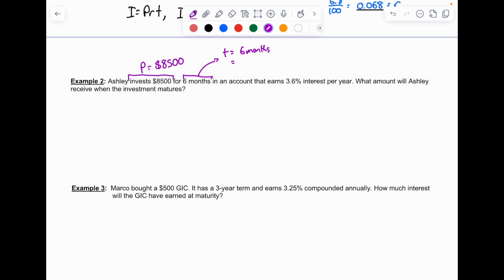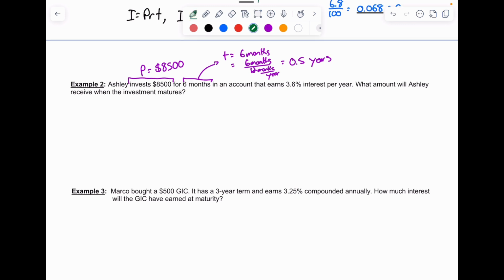So how many months are in a year? 6 months divided by 12 months per year. So this is T equal to 0.5 years. In an account that earns 3.6% interest per year, okay, so 3.6 percent, divide that by 100 because we need it in a decimal, is 0.036. That would be our rate value.